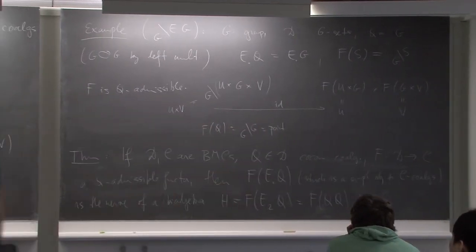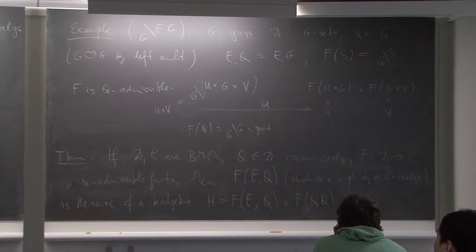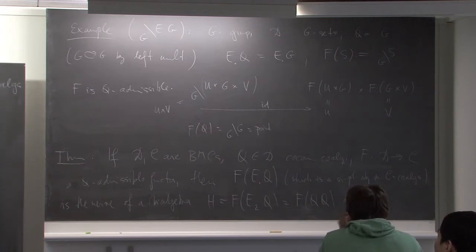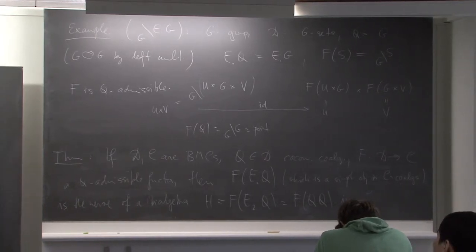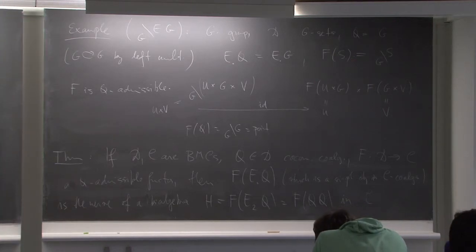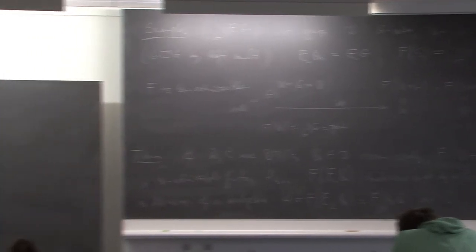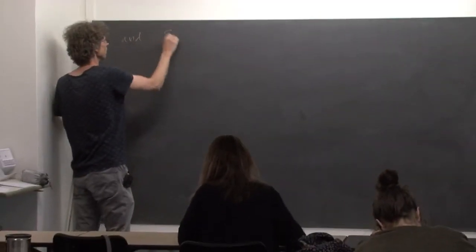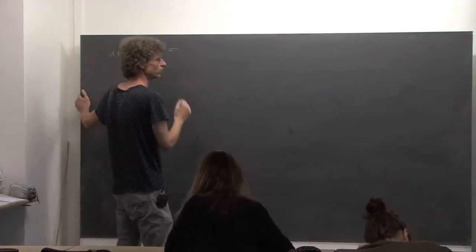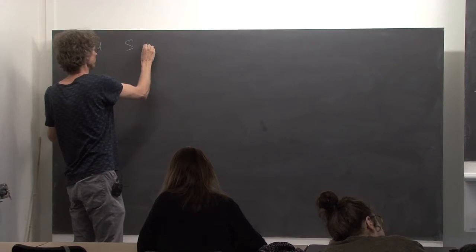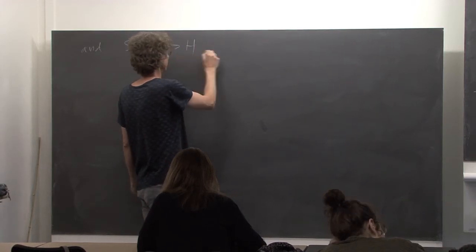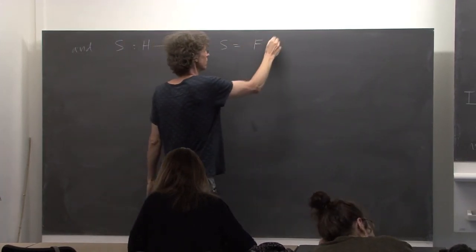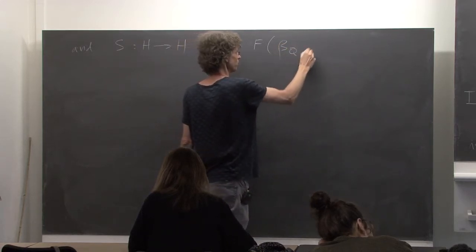And finally, I can say that there is also an antipode S. S should be somebody going from H to H. And who's that going to be? S is F of beta QQ.